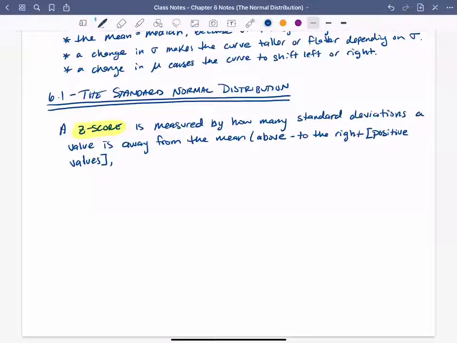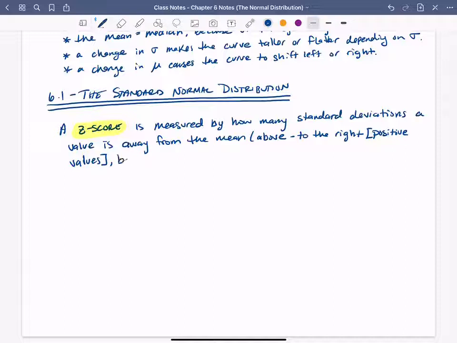So if it goes above, it'll be to the right side of that normal distribution curve. That means your z-score, your z-value, will have positive values, greater than 0.